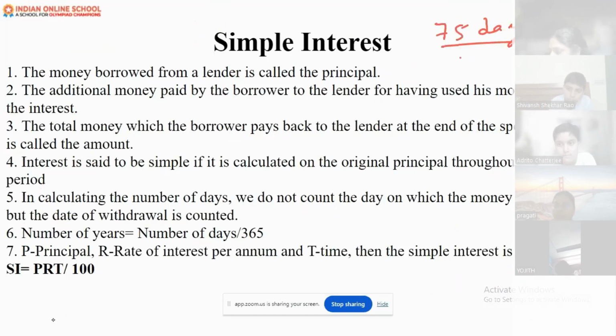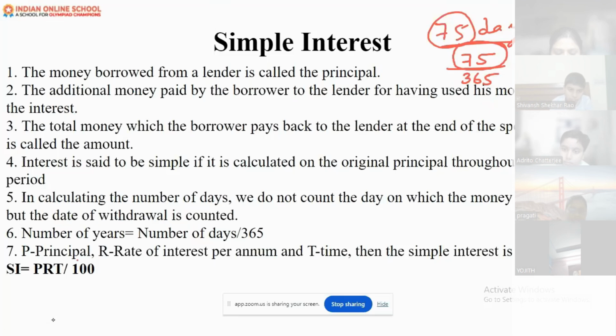So what you will do? This is 75 days, but out of how much in a year? It is 365. 365 is our total number of days in a year. For this much time I have taken money from someone, so I will divide it by 365 to get the number of years.